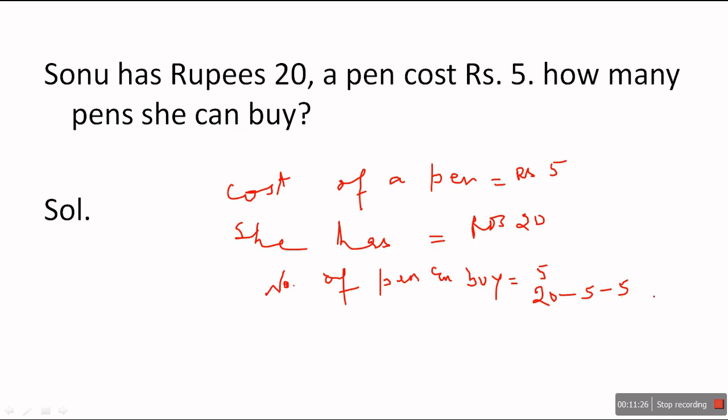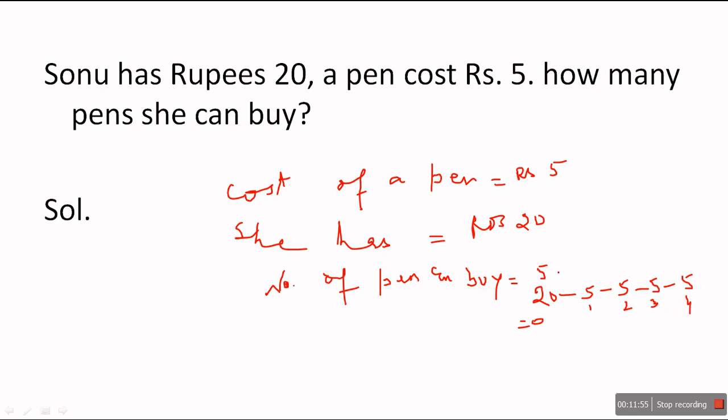She still has 10. Minus 5, 20 minus 15, 5 plus 5 plus 5, 15. She can still buy one more pen, so 5. Okay, now it becomes 0. Okay, so 20 minus 5, 1 pen, 2 pens, 3 pens, 4 pens.